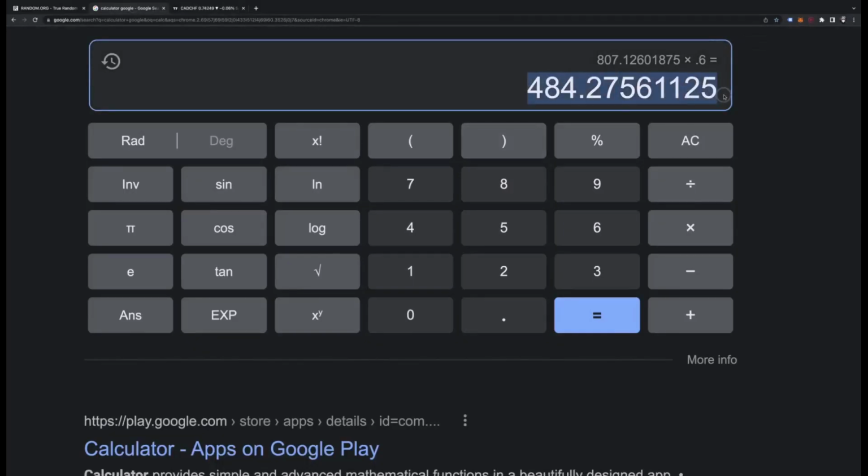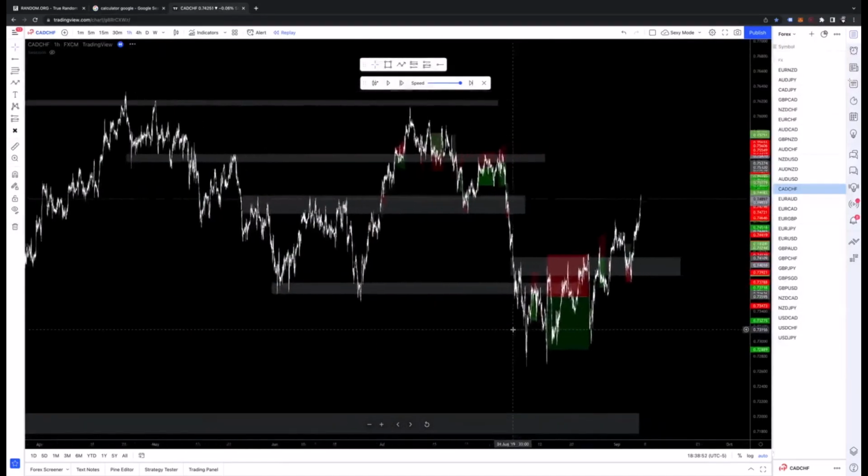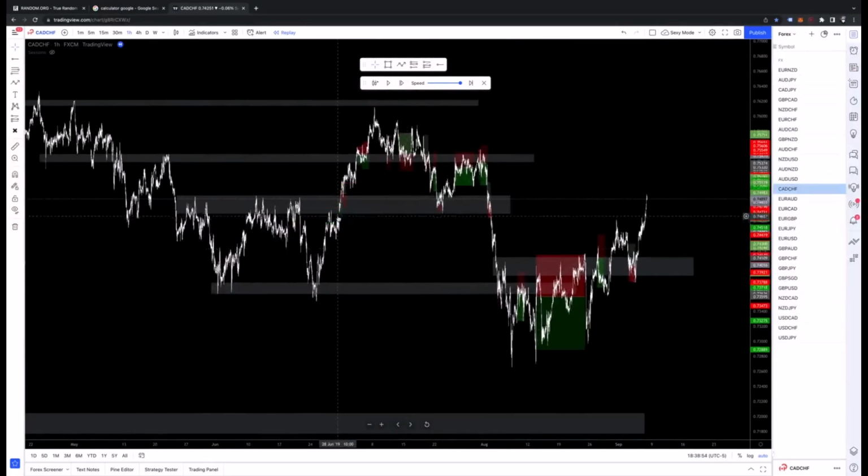So this is what I'm going to do. We're still sitting here around the starting balance. We're at $500. I'm going to go ahead and just call this a failed challenge. Again, keep in mind, this does not simulate completely real data, because this is essentially from the beginning of July to the beginning of September.